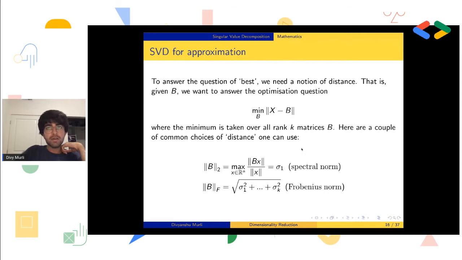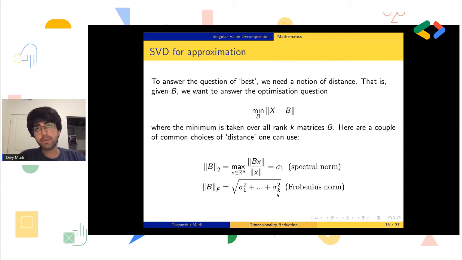There are many notions of distance, but these are two big ones. One is called the spectral norm, which is induced from regular Euclidean distance. The other one is called the Frobenius norm.